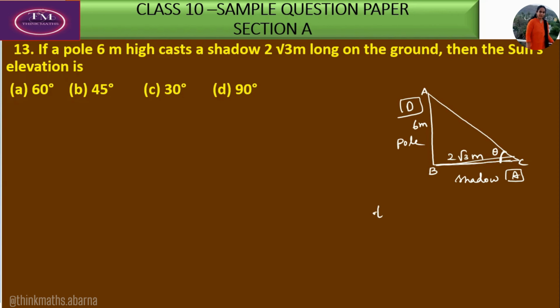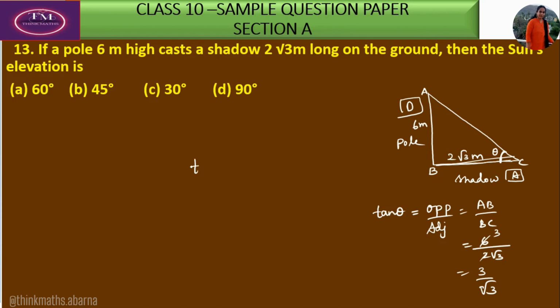It is nothing but tan. You all know that tan theta is equal to opposite side by adjacent side. That is AB by BC. So what is AB? AB is 6. BC is 2 root 3. So 2 ones are 2, 2 threes are 6. So 3 by root 3.